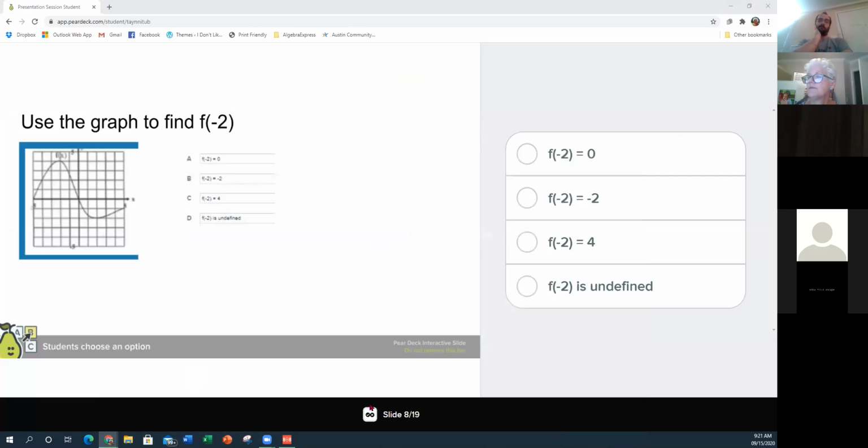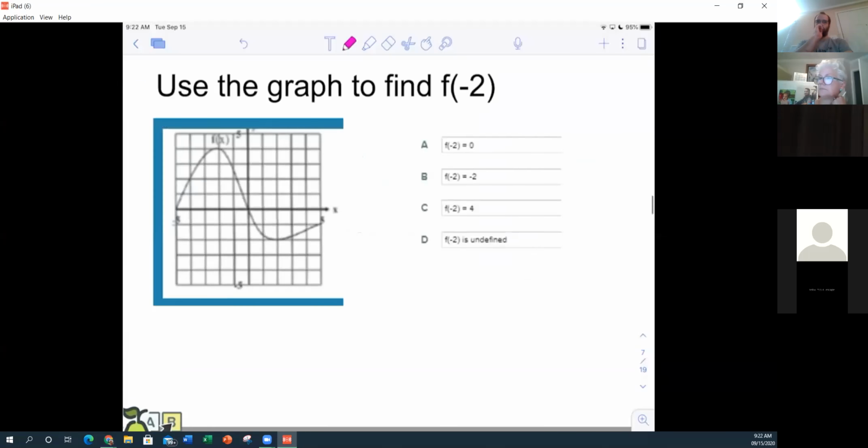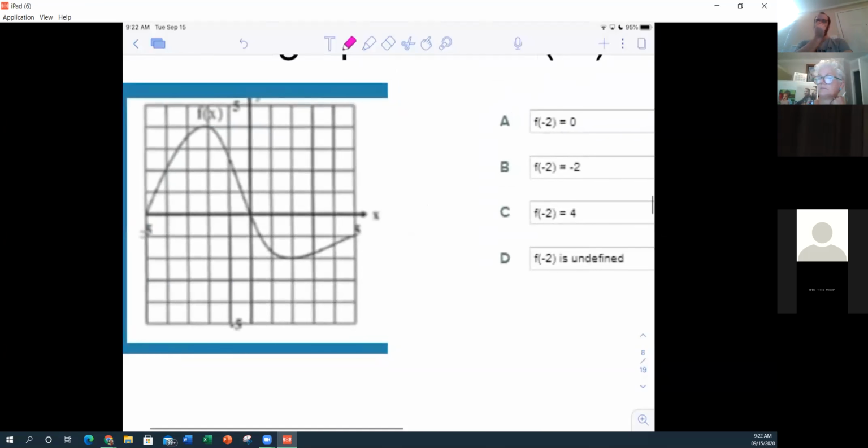Find f of negative 2. Good. Y'all got this one.